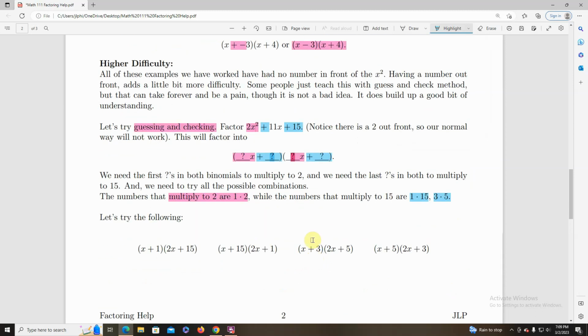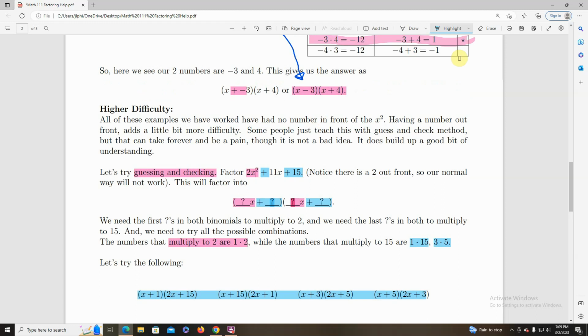So what we will do then, since there are only 4 possible combinations, it's not hard to multiply these back out and check to see which one will give us back this original right here, which will give us back 2x squared plus 11x plus 15.